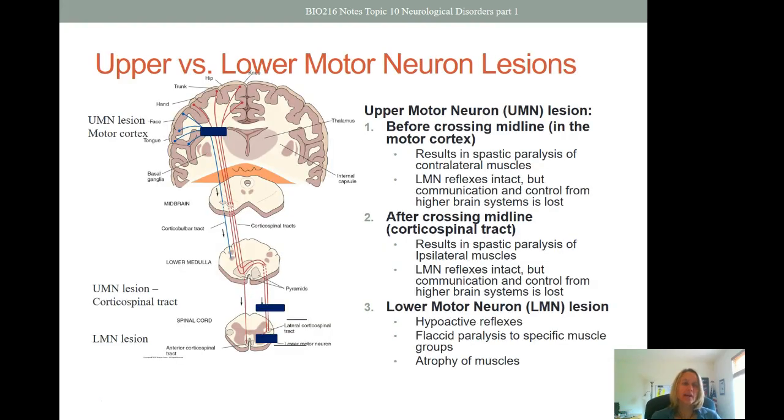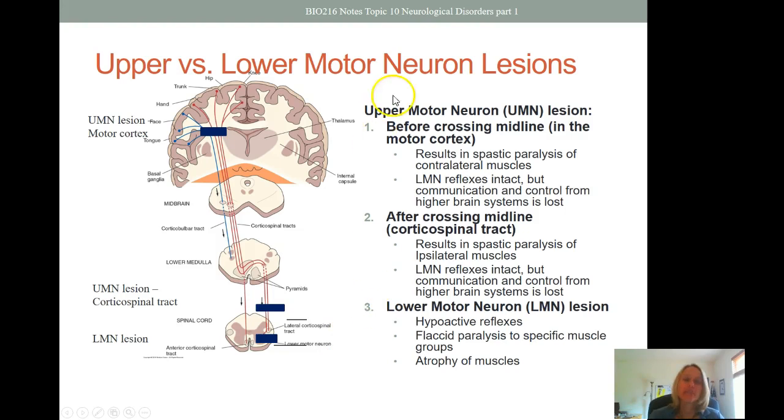Okay, so let's look at an upper versus a lower motor neuron lesion. So remember, we have those two neurons to get to the muscle. The upper motor neuron from the primary motor cortex that crosses over at the medulla, travels down the opposite or contralateral side, and then synapses with the lower motor neuron, which then goes to the muscle.